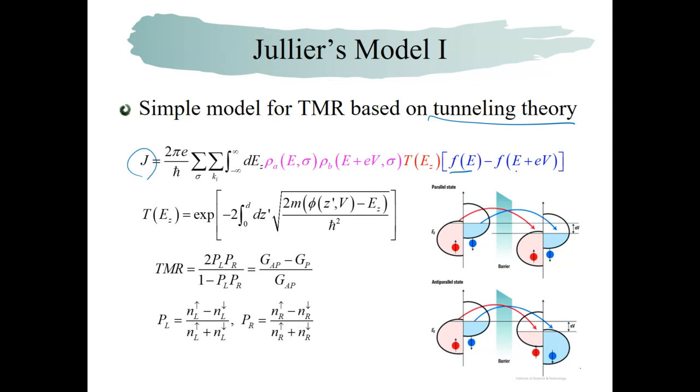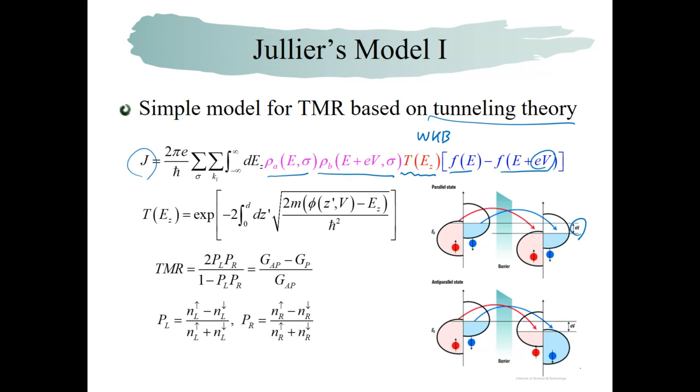Here, this is the Fermi-Dirac distribution for the left and the right hand side, because if you apply bias voltage V, we have such an energy difference. And there is some tunneling probability, which we already obtained by the WKB approximation. And also, there is another important thing: this is the density of states of the spin down.